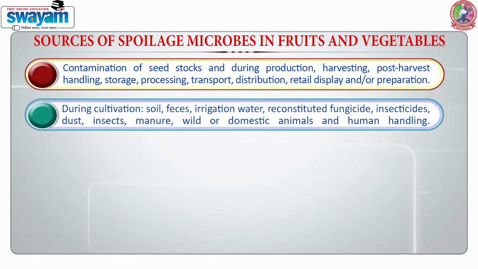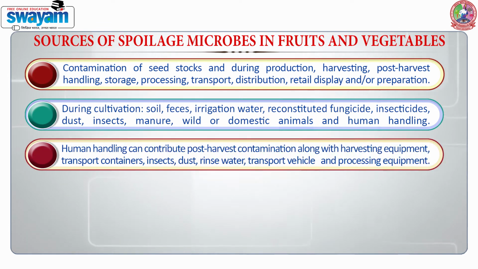Now, let us see the initial stages of the contamination. During the cultivation, soils which are contaminated with feces, irrigation water which is not clean, reconstituted fungicides, insecticides, dust, insects, manures, wild or domestic animals and human handling. These all contribute to the contamination.